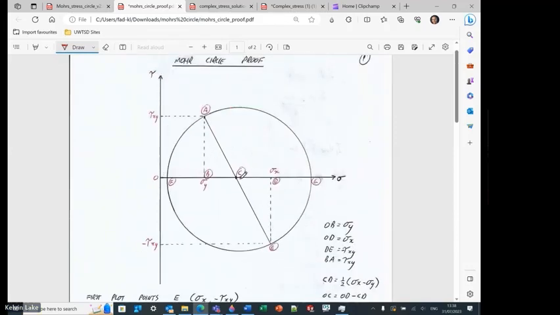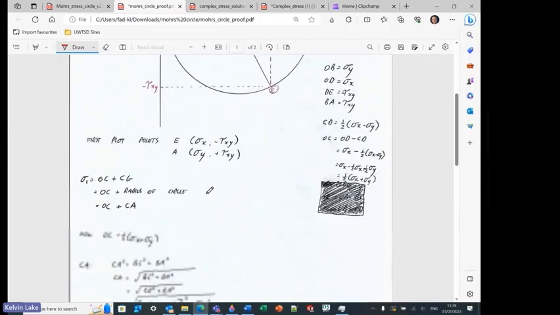Clearly we can say that OC plus CG is the same as OC plus CA. It's just the origin to the center of the circle plus the radius of the circle.